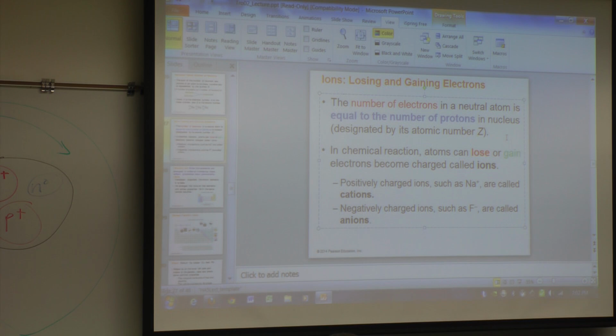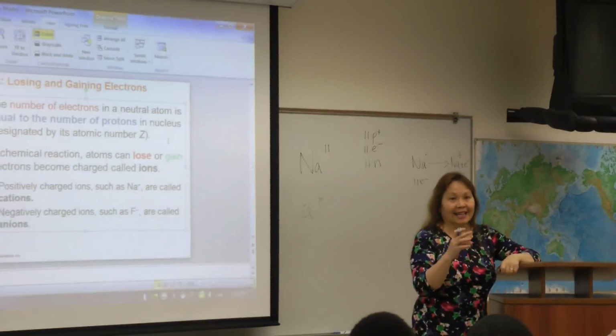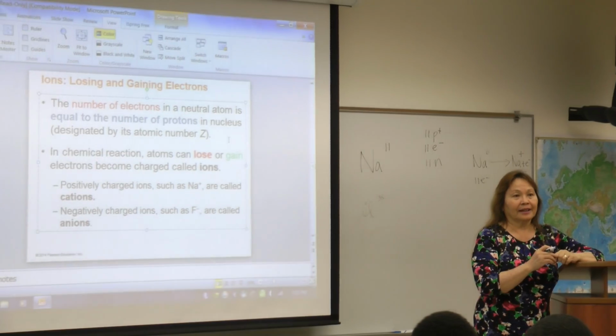Okay, so that's when we say you lose, right? But what happens when you gain? We know that sodium tends to lose the electron, while chlorine tends to gain that electron.